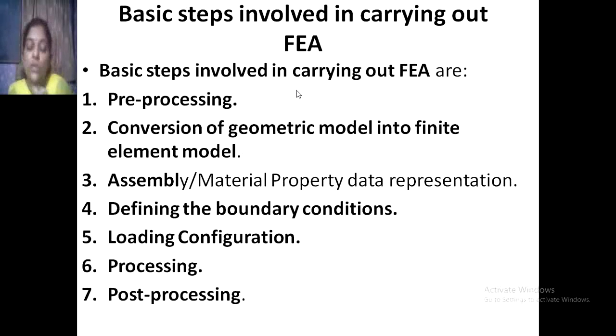So in the basic steps for carrying out the finite element analysis, pre-processing is required. After that, conversion of the geometric model into a finite element model, then material property data representation.